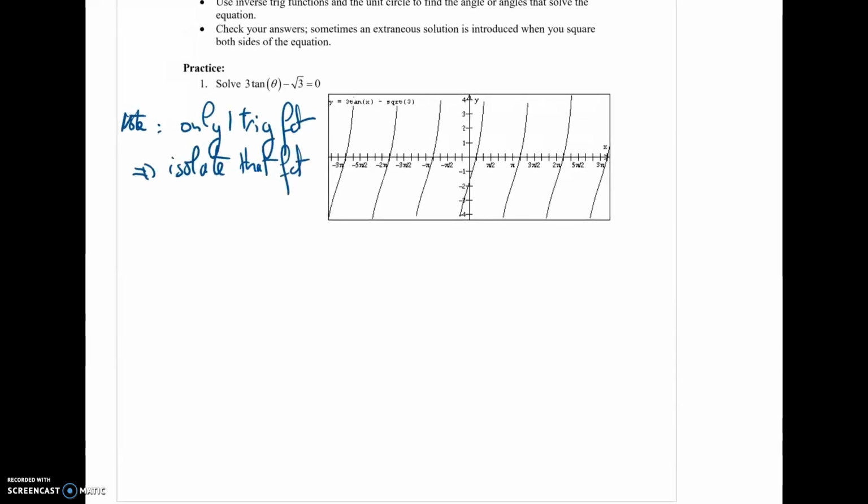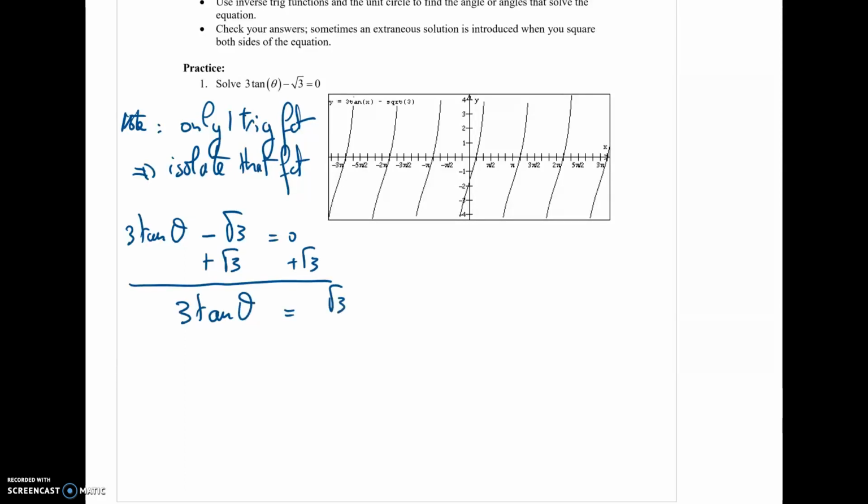Well, 3 tangent of the angle minus square root of 3 equals 0. I'm adding square root of 3 to both sides. I end up with 3 tangent of the angle theta equals square root of 3. I divide by 3 on both sides. And so tangent theta equals square root of 3 divided by 3, which is 1 over square root of 3.